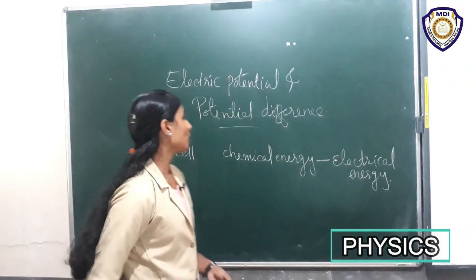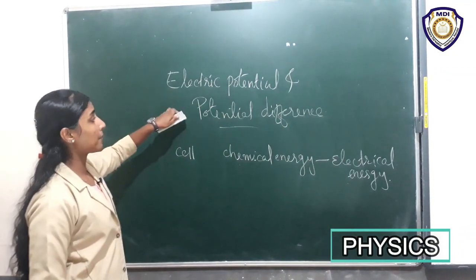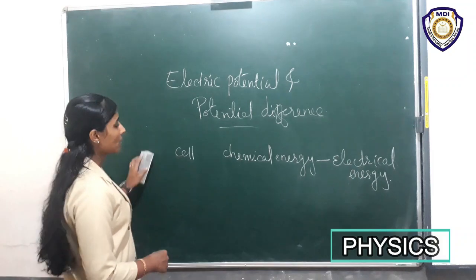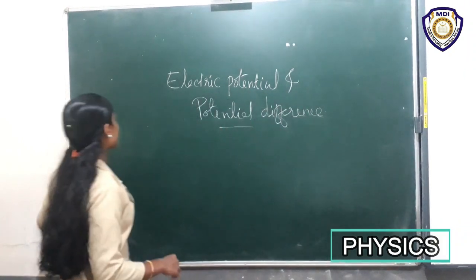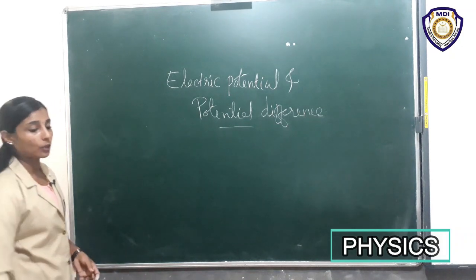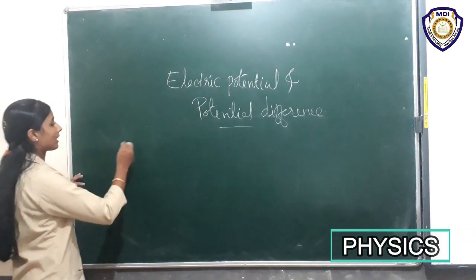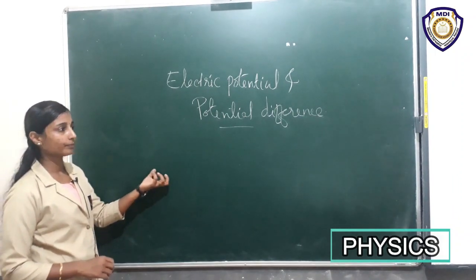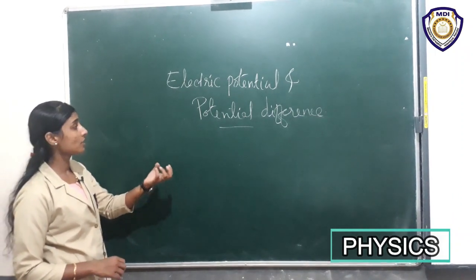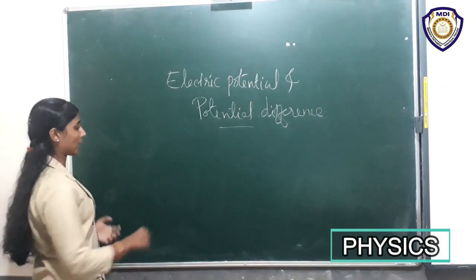So now we know there is electric potential and potential difference as well. Okay, so what is electric potential? Electric potential is the work done to bring a charge from infinity to a point.